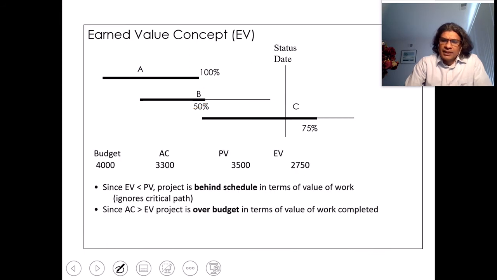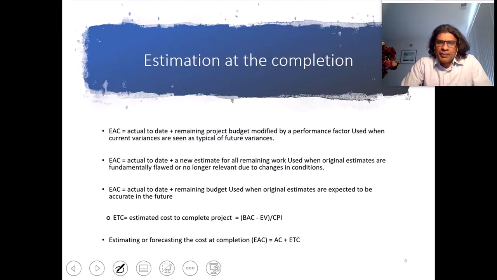So by this mechanism, this is one way of analyzing mathematically how the project performance is happening and how we should be able to tell where the project will end up when we continue this kind of progression.